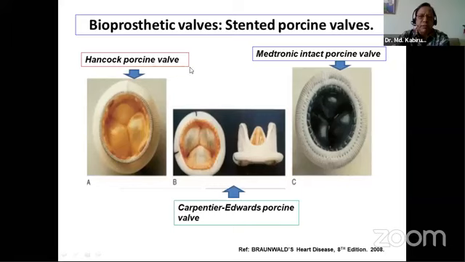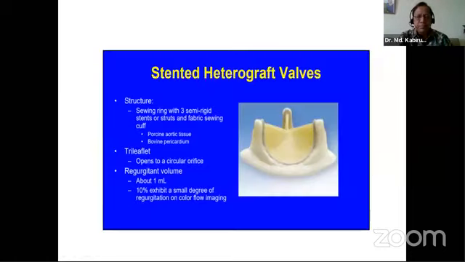These are some pictures of bioprosthetic stented porcine valves. You can see these are stent mounted. The projected part is made by the stent and has three leaflets. In both the mitral position and aortic position, they have three leaflets. Although the native mitral valve has two leaflets, the prosthetic valve has three leaflets.